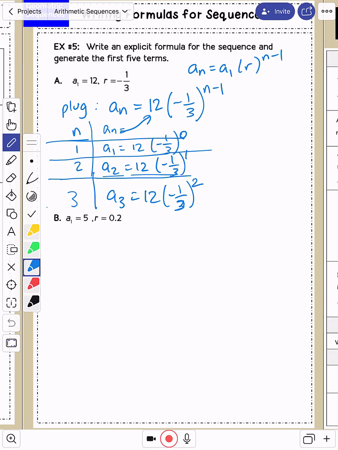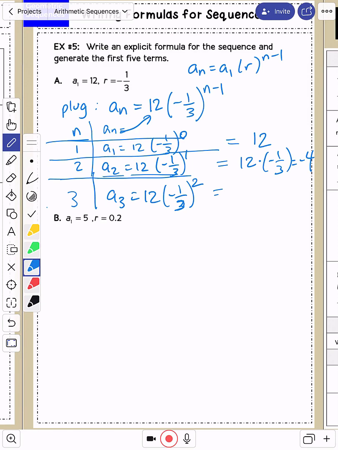So pretty much I'm going to put these into a calculator. I mean, I can actually do this in my head. Anything raised to the 0 is just 1. And so a1 is going to be 12. Anything raised to the 1 is just itself. And so this is going to be 12 times minus 1/3, which is minus 4.